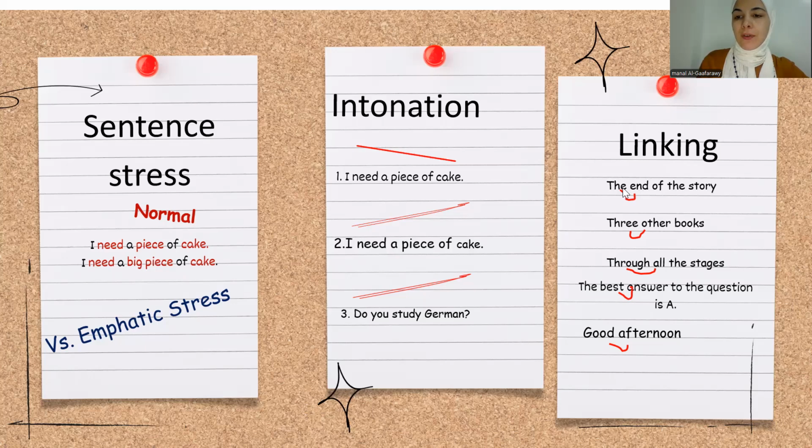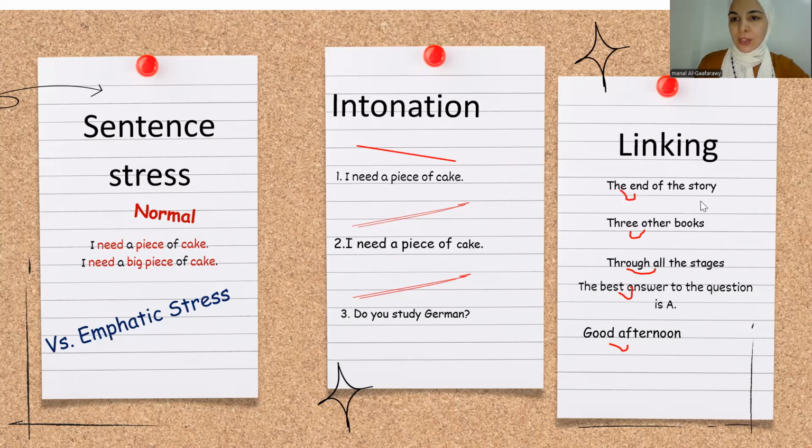And if the vowel at the end of a word is a stretch one, and we mean by this that I stretch my lips when I pronounce the vowel, for example, I say E or A, you have to link it with the following vowel using the Y consonant.